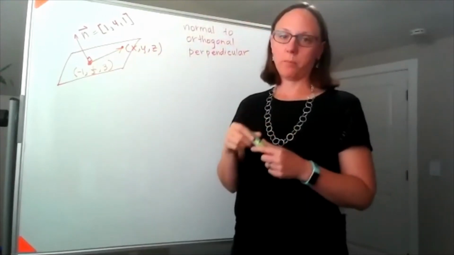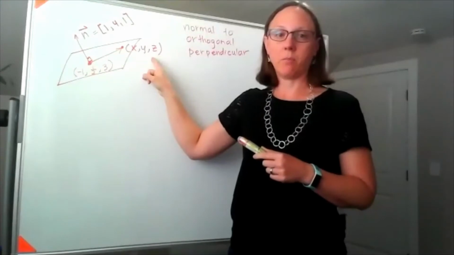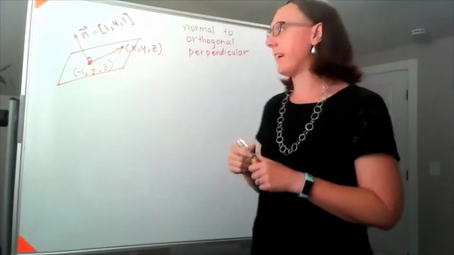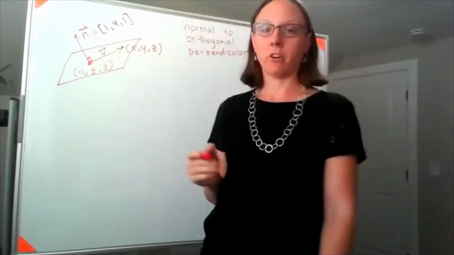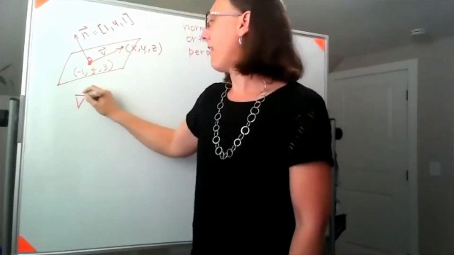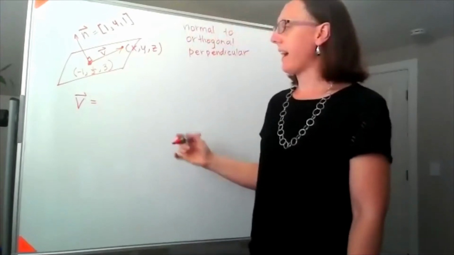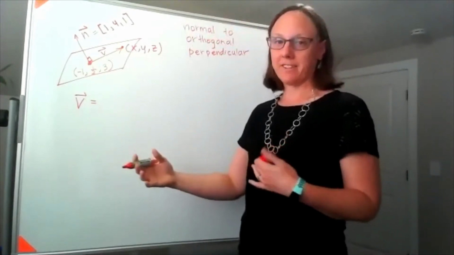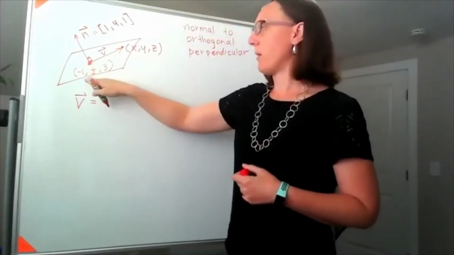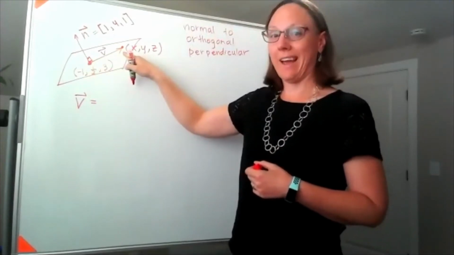Then the vector between my generic x, y, z point and this other point here, I'll just call it v for vector. That vector I can get by looking at the displacement, or the difference in location between where I'm starting and where I want to end up.